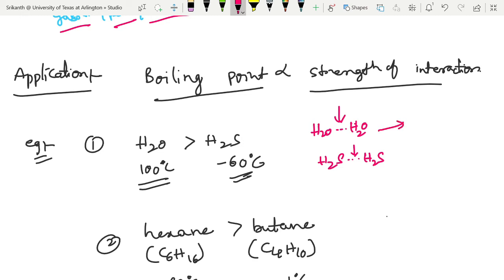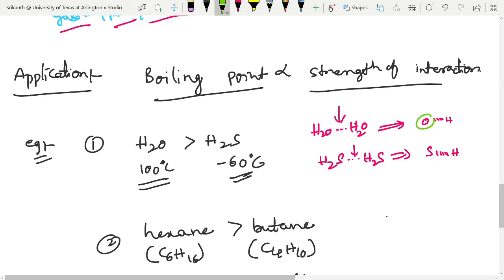So here the hydrogen bonding is happening between oxygen and hydrogen. Let's just write interaction, and in here we have sulfur and hydrogen. Between oxygen and sulfur, oxygen is more electronegative than sulfur. That's why the interaction is strong.